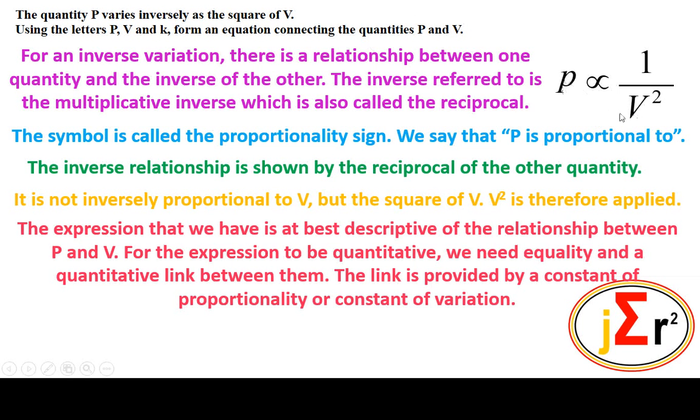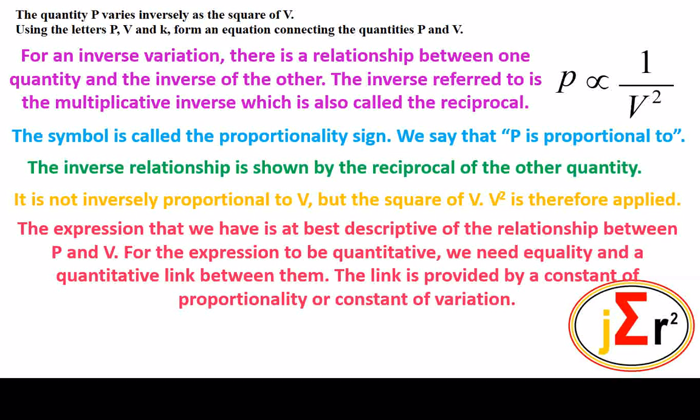Therefore, we need to take this a little bit further so that we can have numerical values that make sense, and what we have for P will be able to be substantiated as being related to a particular value of V. For the expression to be quantitative, we need equality and a quantitative link between them.